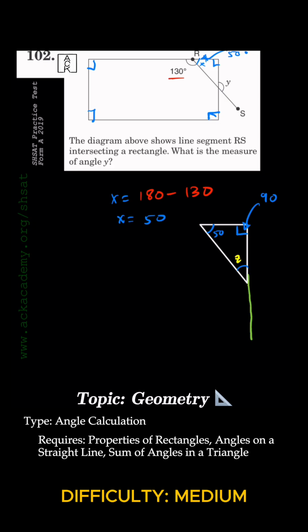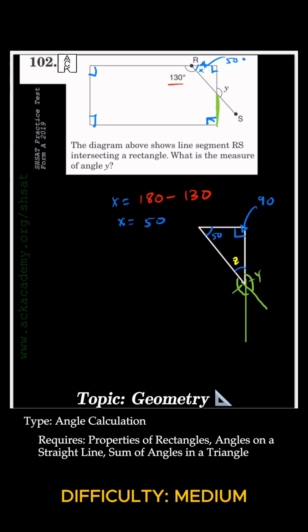So we have this line here, and we have this intersection here where this is a Y. And something to note is this Y is equal to this Y. Those are both the same angles.